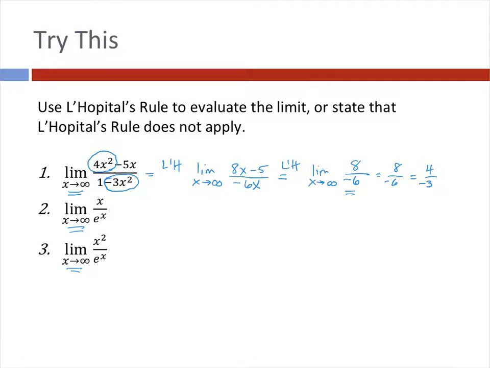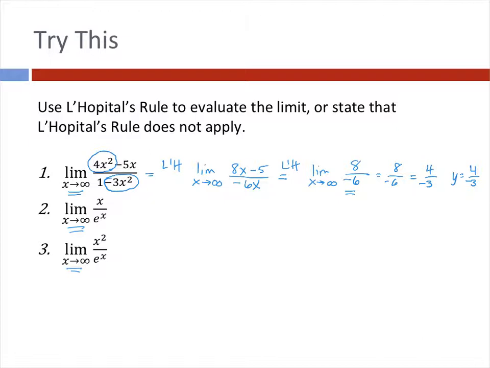Remember, when we're looking at the limit as x approaches infinity, we can find the horizontal asymptotes that way, can't we? We look at what's happening way out on the far ends to find our horizontal asymptote. And we see that y equals 4 over negative 3 is going to be a horizontal asymptote on this function.